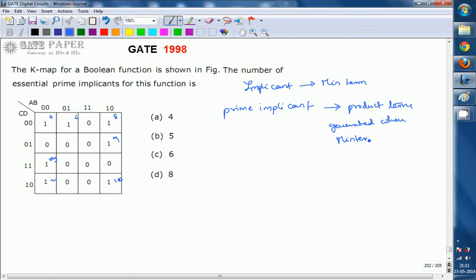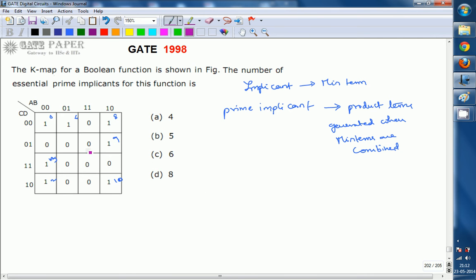Whenever minterms are combined to minimize, the resulting product terms are called prime implicants. Now, how many prime implicants can you get here?